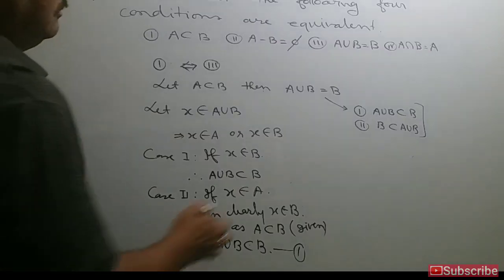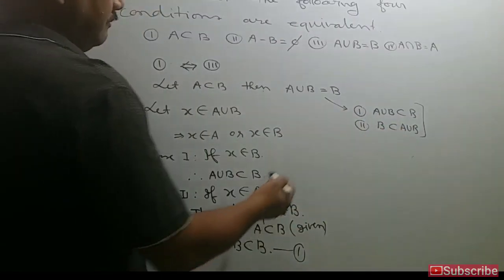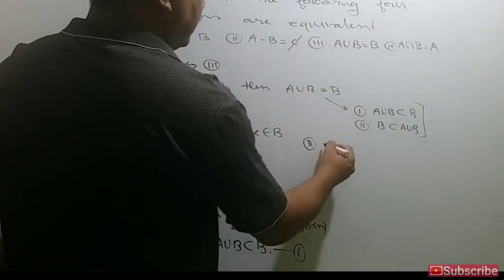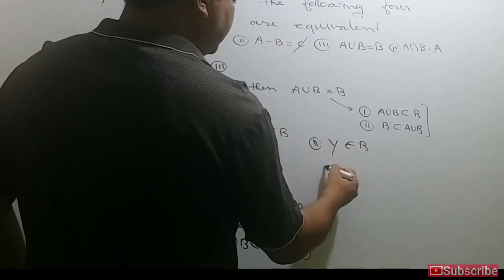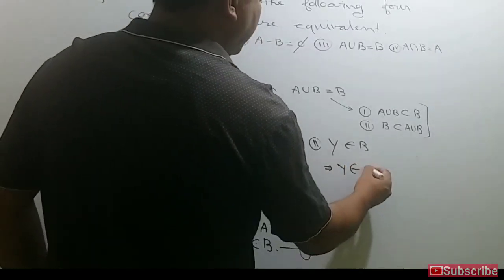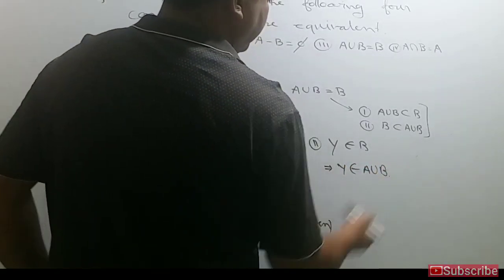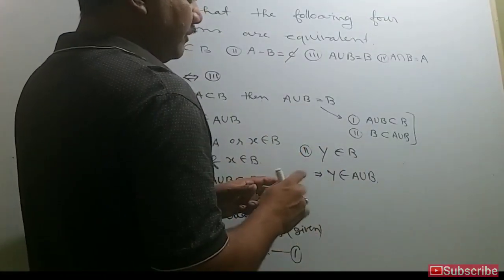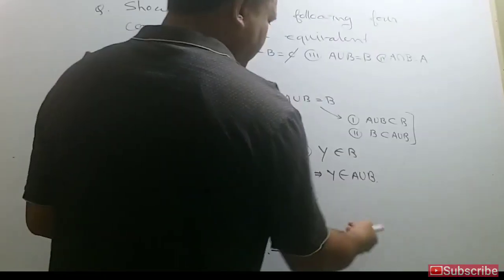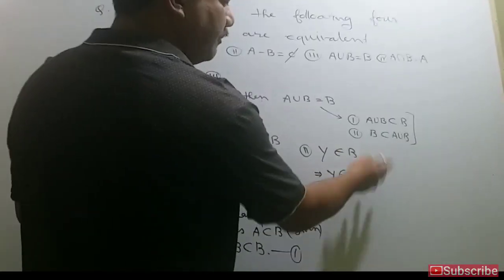Now we'll show number 2, B is a subset of A union B. Let us consider Y belongs to B. Then clearly Y belongs to A union B, isn't it? Elements in the union of two sets always lie in either of the two sets, right?